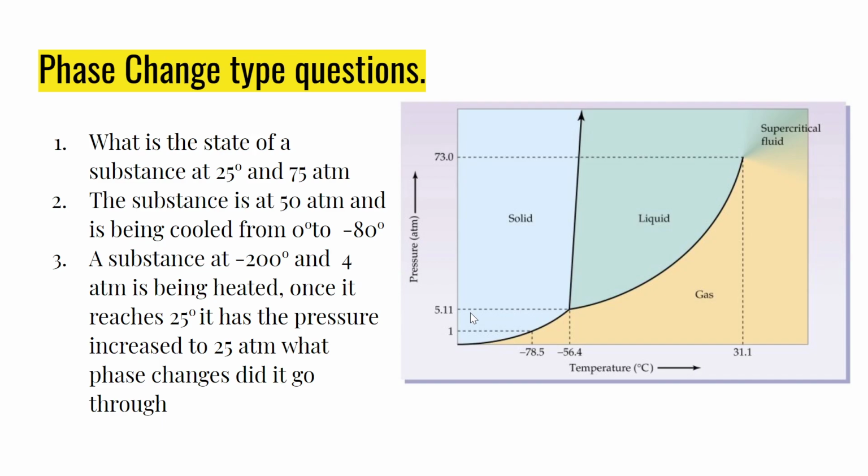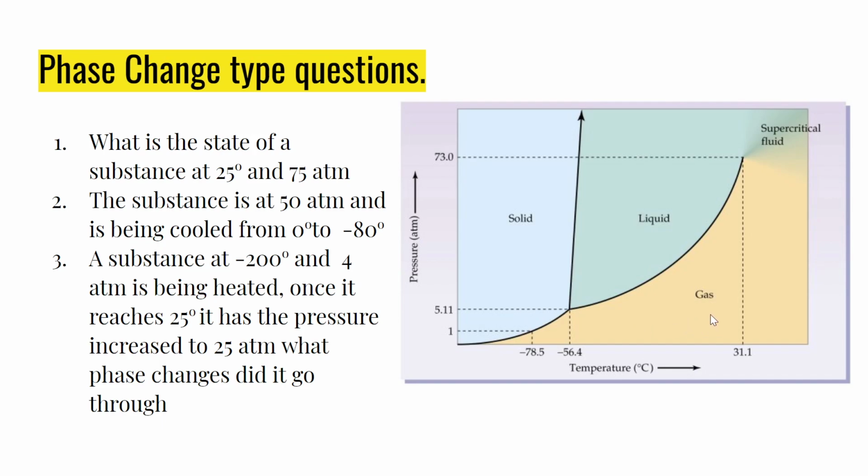It has its pressure increased to 25 atmospheres. Now it's asking what phase changes it goes through. So this one goes from about 4 atmospheres, and it goes from negative 200 to 25, so it goes along here. And notice it crosses this line, so it goes from solid to a gas, so it's undergoing sublimation.